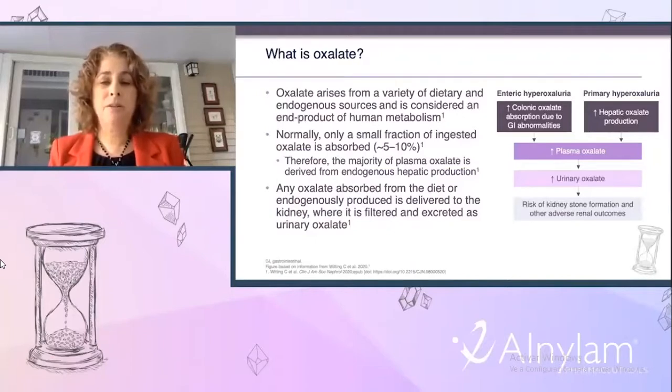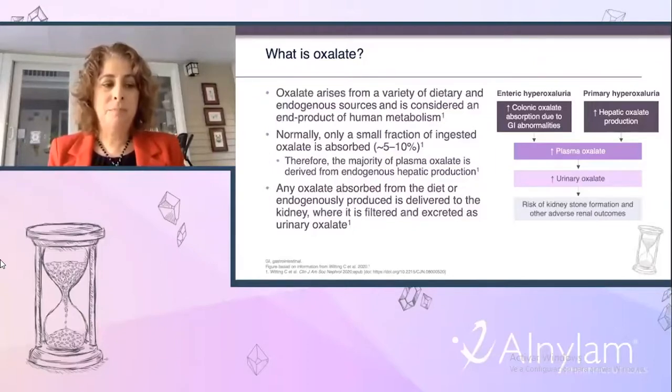In enteric hyperoxaluria, there is increased colonic absorption due to GI abnormalities resulting in malabsorption. Malabsorption leads to increased delivery of fat to the colon, where it binds dietary calcium, and this decreases the ability of dietary calcium to bind to the oxalate in the gut, and increased soluble oxalate is then absorbed.